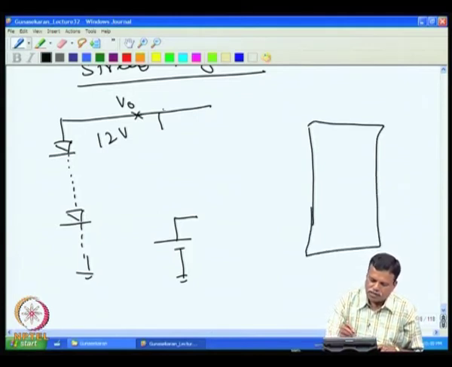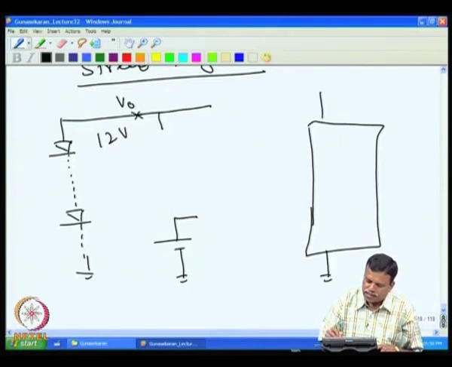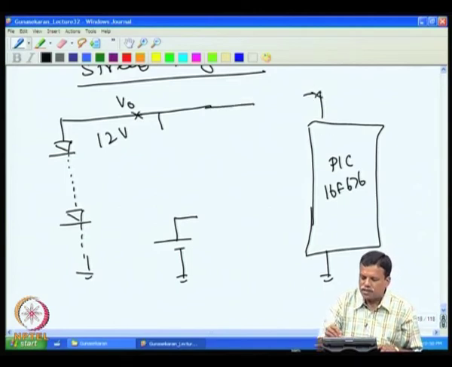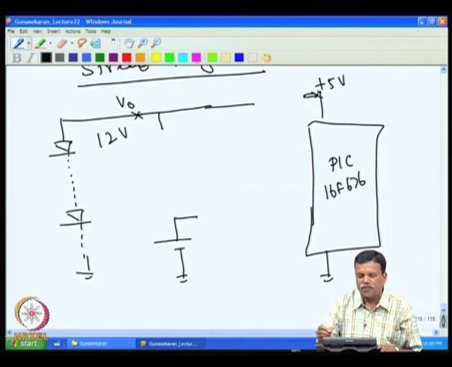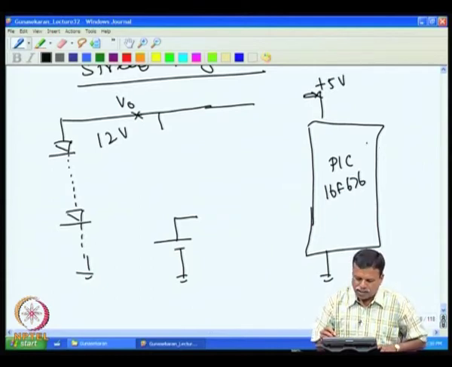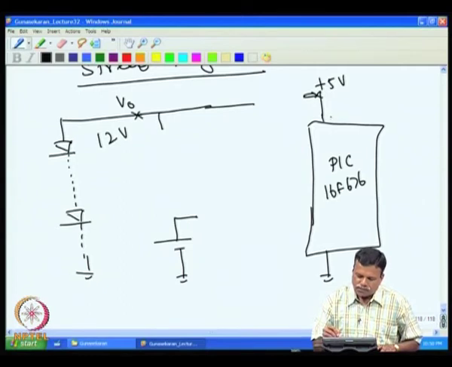So, in this case, for example, this is a 12 volt panel, and I will pick, for example, the 16F676. The maximum reference voltage that can be given is, if it is a 5 volt supply, only 5 volt. So, either I can use the inbuilt power supply, this 5 volt supply itself, as the reference voltage, or there is also a provision to use an external V reference.